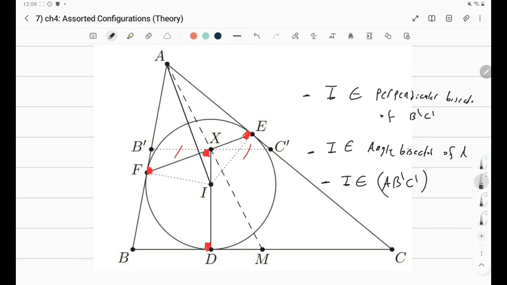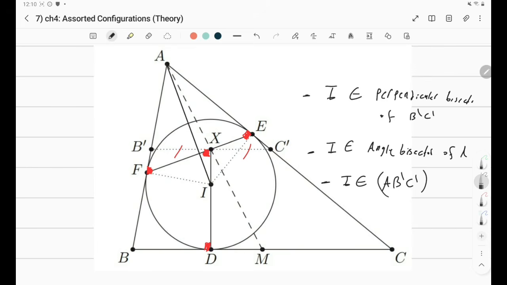If we can show that, then we're done. Like any two will give you the third for free, right? We discussed that in the first lesson when we defined the golden point. That is the midpoint of the arc, basically. So that means that our only goal right now is just to show that I lies on that circle. In other words, show that maybe A, B prime, I, C prime is cyclic, or that just I lies on the circle, the circumcircle of that triangle.